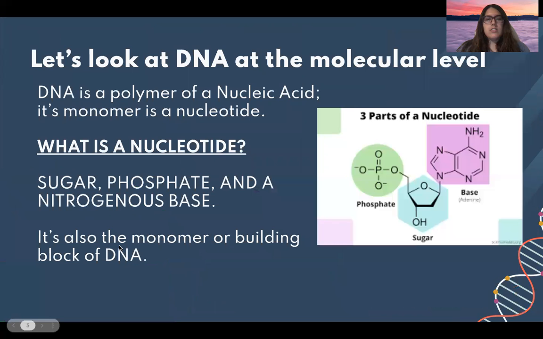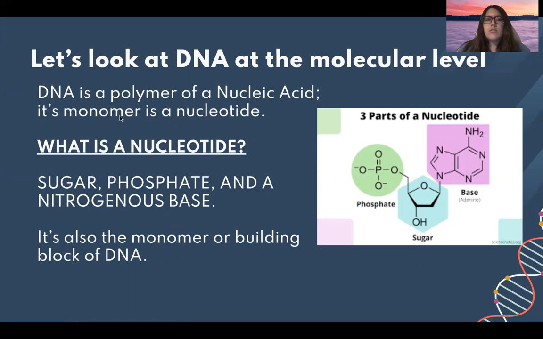So going back to DNA, let's look at it at the molecular level. DNA is a polymer of a nucleic acid. Remember when I talked about our biomolecules, things like lipids, carbohydrates, proteins, and nucleic acids. Specifically, we are going to be focusing on nucleic acids for our next unit. The monomer of a nucleic acid like DNA is called a nucleotide.